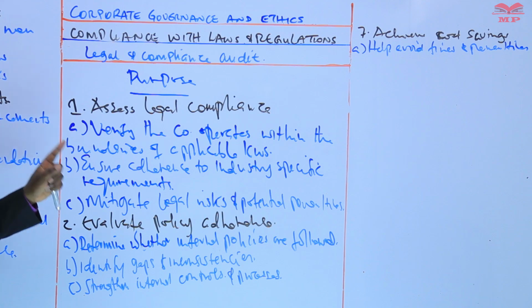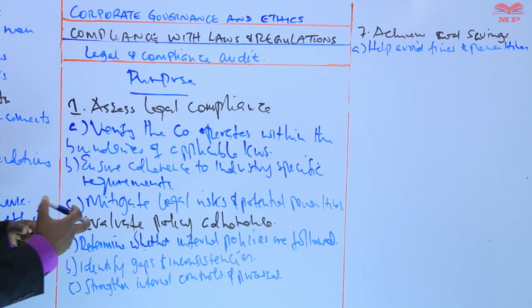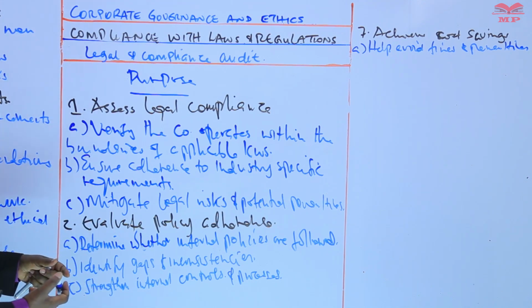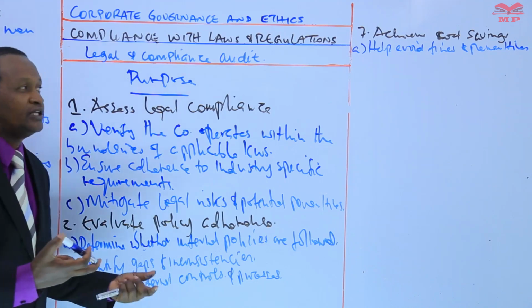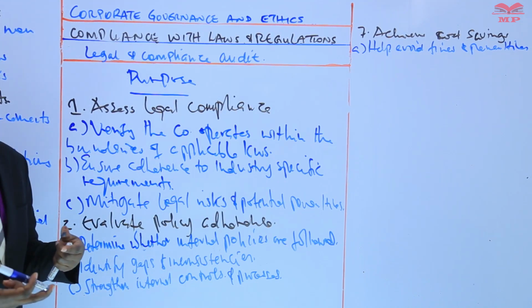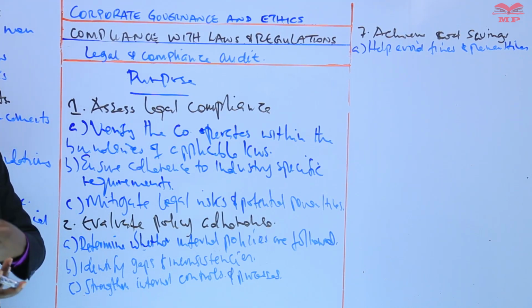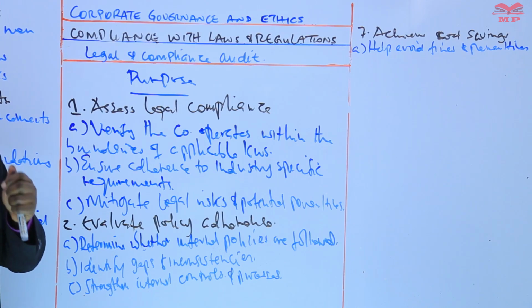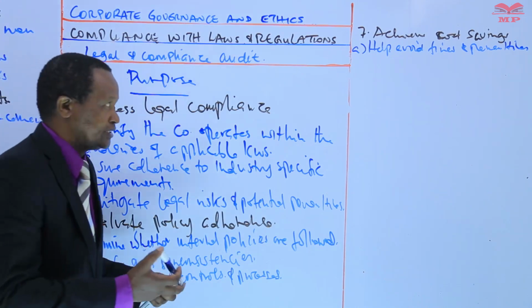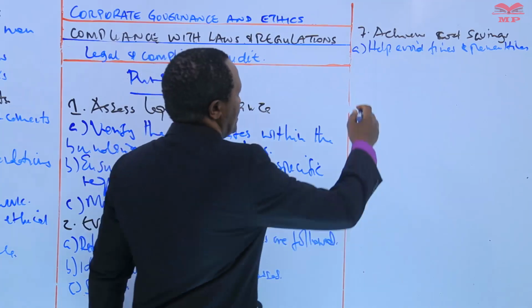So if the company is not complying, then the auditor can advise that the company is not complying, then the company complies. And that helps to avoid penalties. It helps the company avoid paying fines and other costs associated with non-compliance.